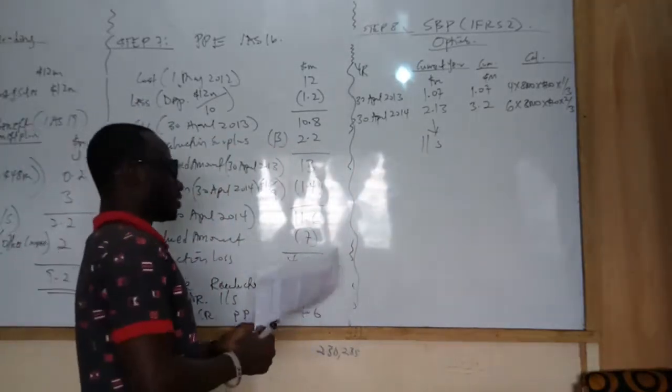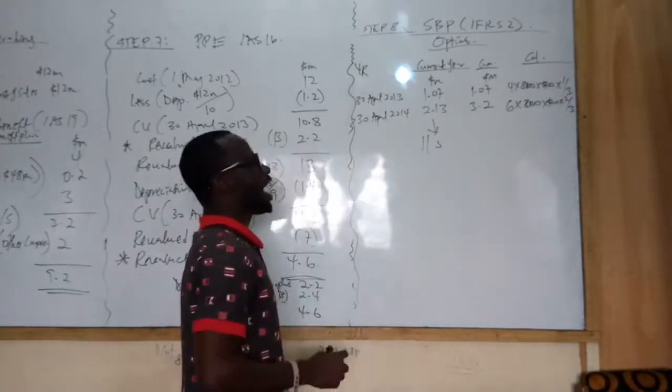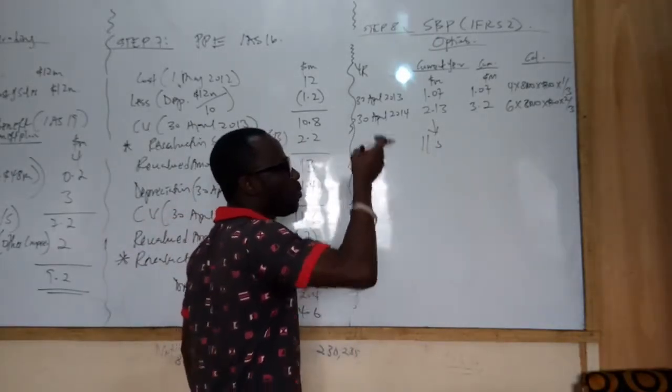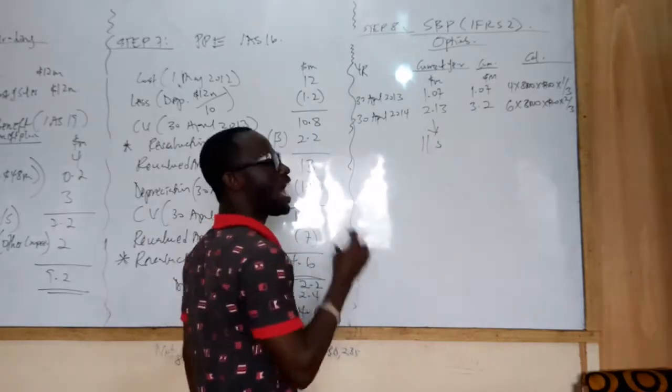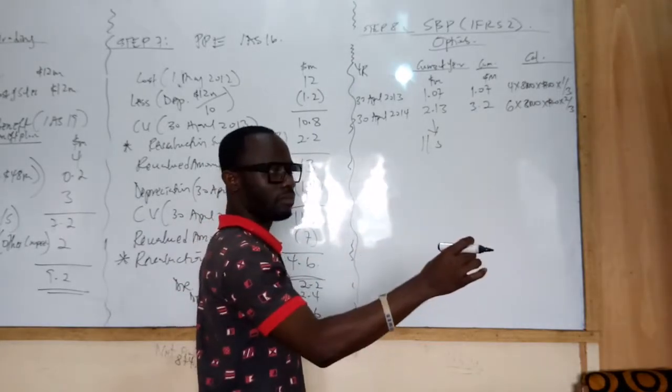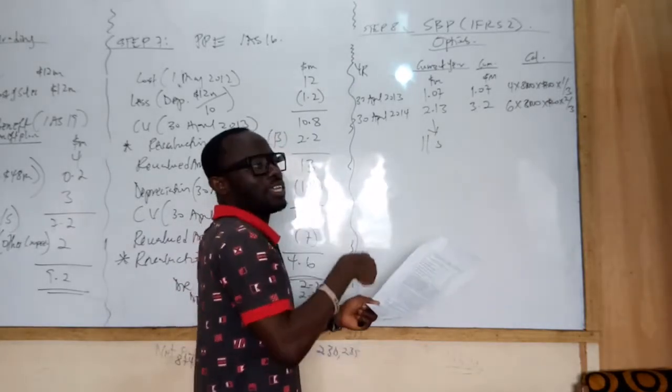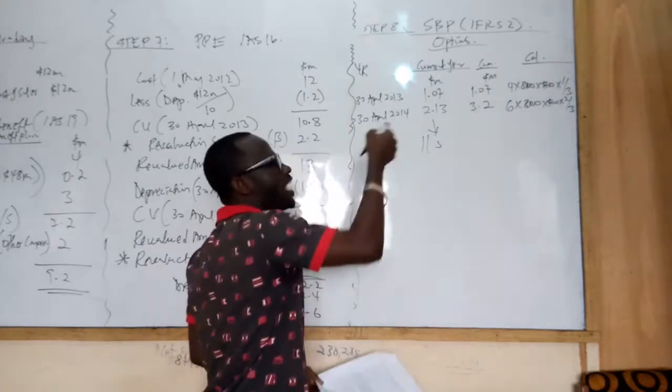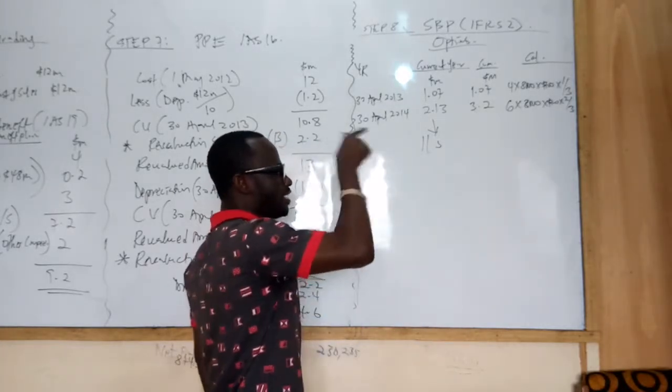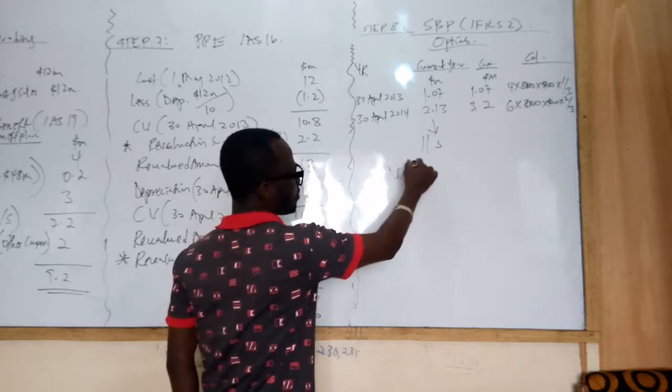Please note that losses on hedge are supposed to be accounted for in other comprehensive income. But in this question, it has been included in the finance cost of Nathan.